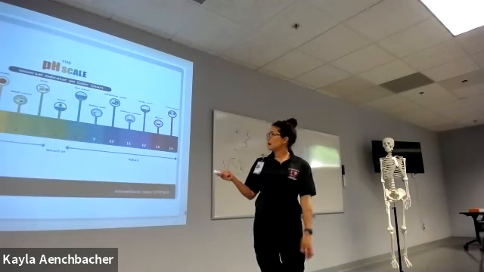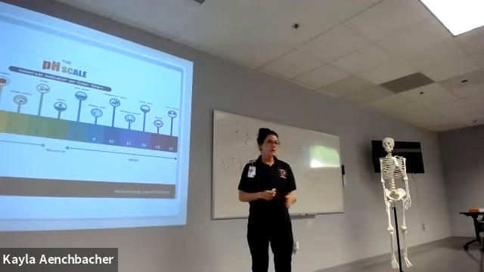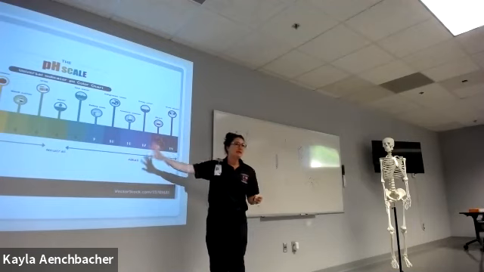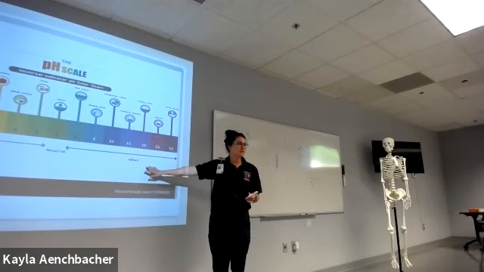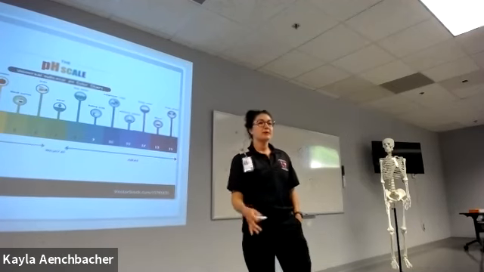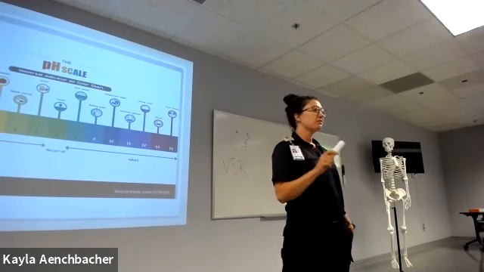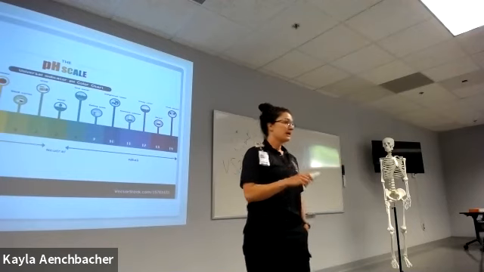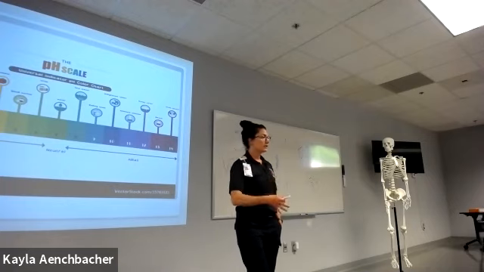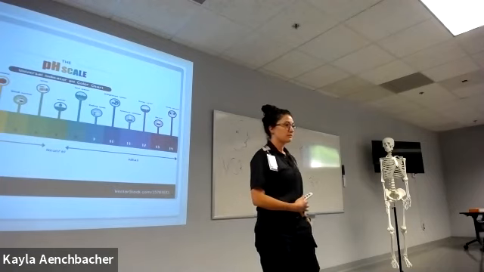Guys, this is your pH scale, talking about the amount of acidity in something, okay? This can be a little confusing because it kind of goes the opposite of what you think it would, right? So our normal pH level in our body is anywhere between 7.35 and 7.45. That is a normal range for the human body.